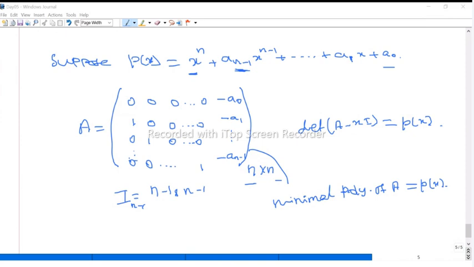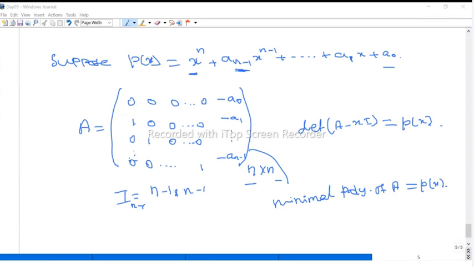The matrix is called contemporary matrix or something. Content of the polynomial, not the content of polynomial. Anyway, I will tell later. That is a beautiful name. I forgot the name of the matrix actually.